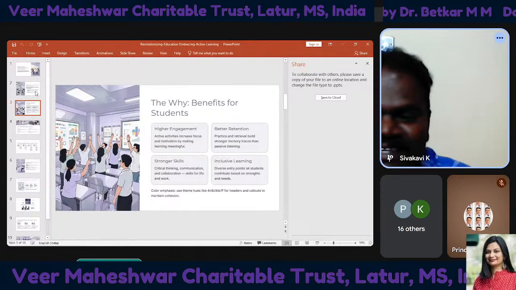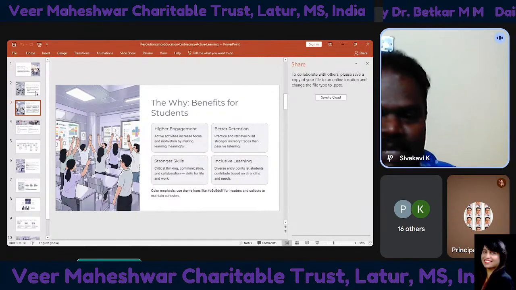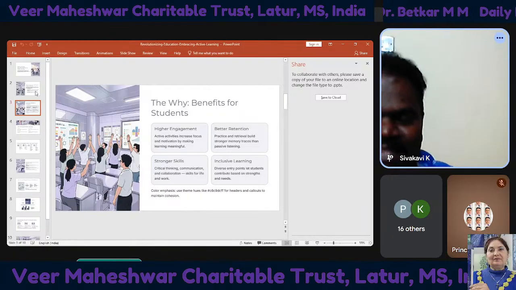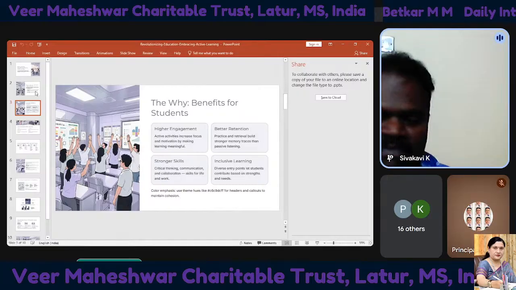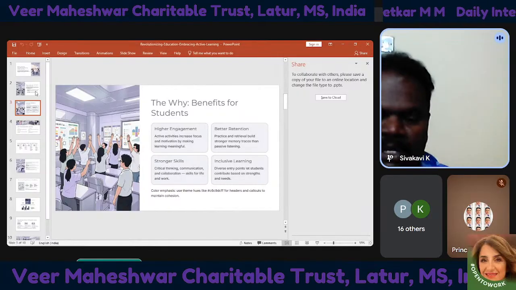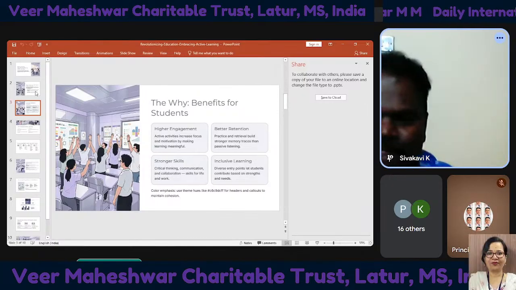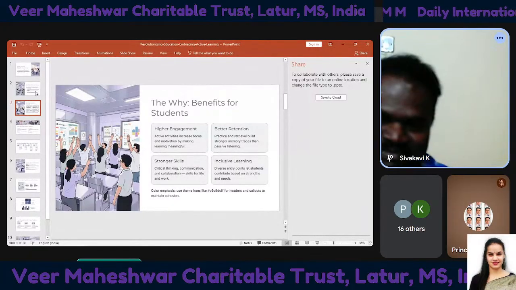Inclusive learning, diverse entry points, let students contribute based on strength and needs. Inclusive education is a very important term. We need to include all students. In a classroom, there will be a topper, there will be a mediocre, and late bloomers also.